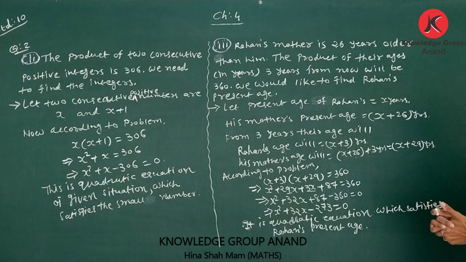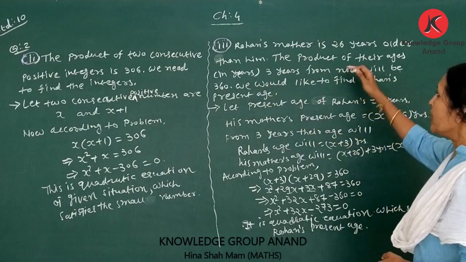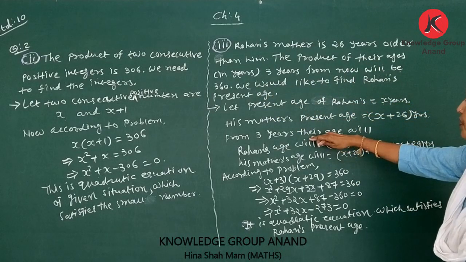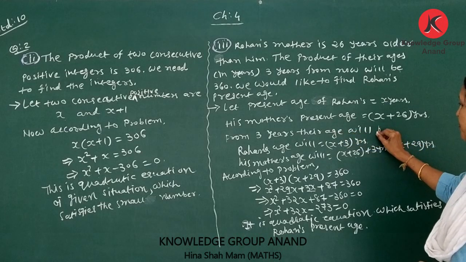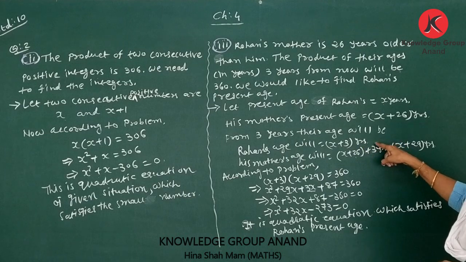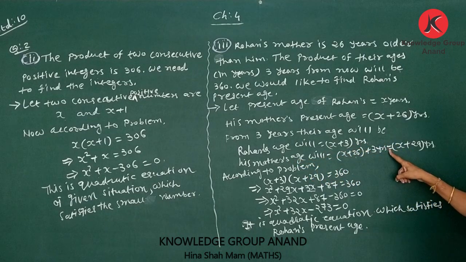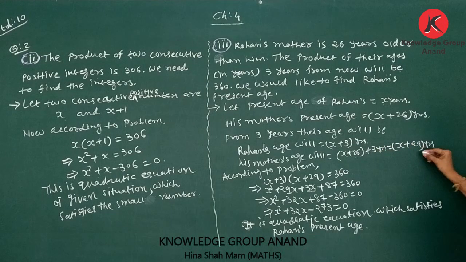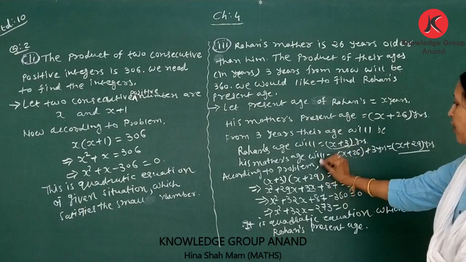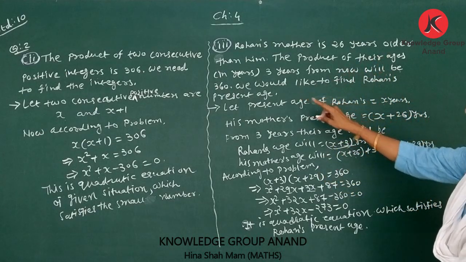Three years from now, their ages will be: Rohan's age is equal to x plus 3 years, and his mother's age will be x plus 26 plus 3, which is x plus 29 years. According to the problem, the product of them is equal to 360.